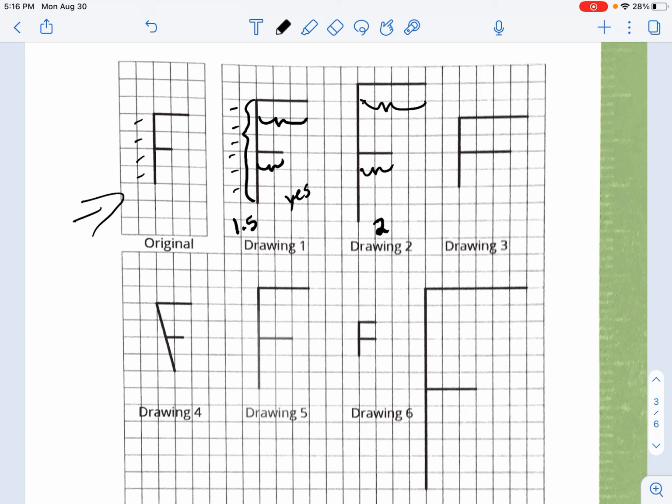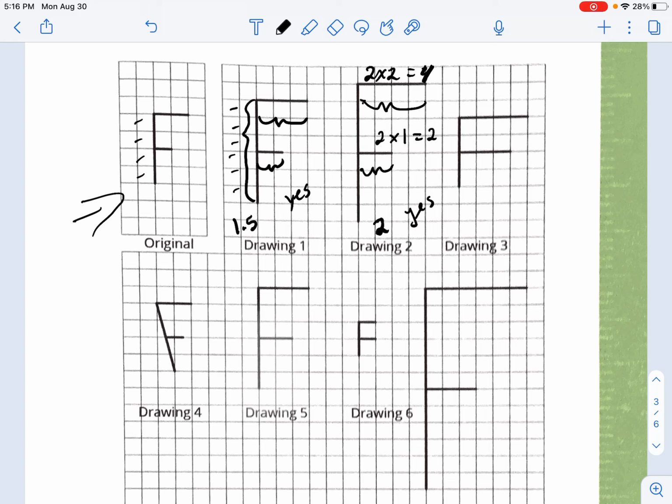So 2 times 2 up here equals 4, and that is correct. And then 2 times 1 equals 2, that one's correct. So now we see that, yes, this is also a scale copy.